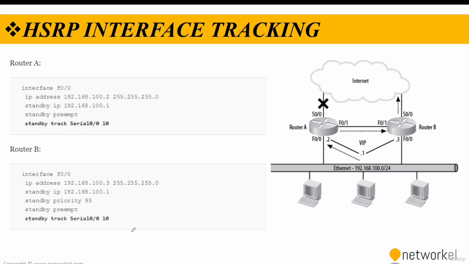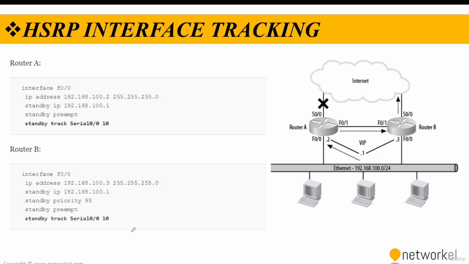So you can configure HSRP to track the status of one or more interfaces. If a tracked interface goes down, the HSRP priority of the router decreases, making it less likely to be elected as the active router.